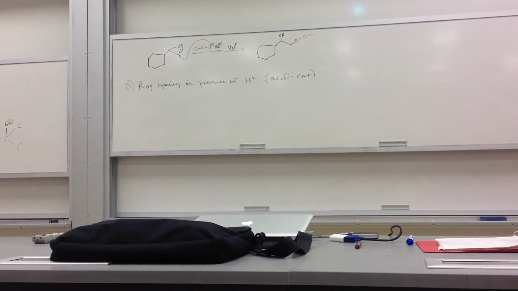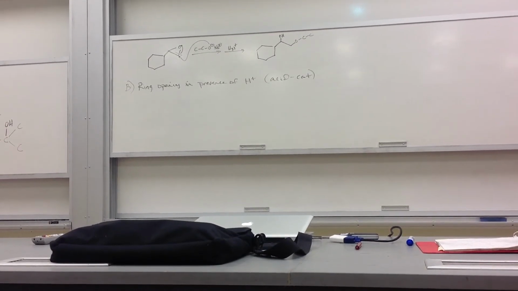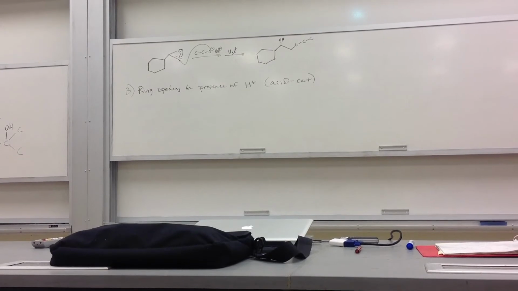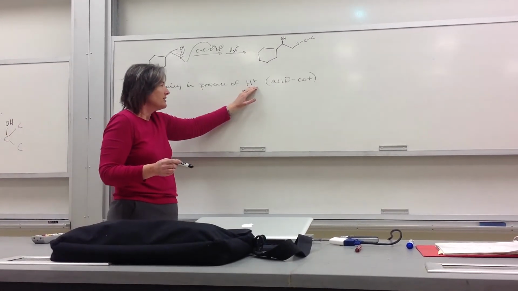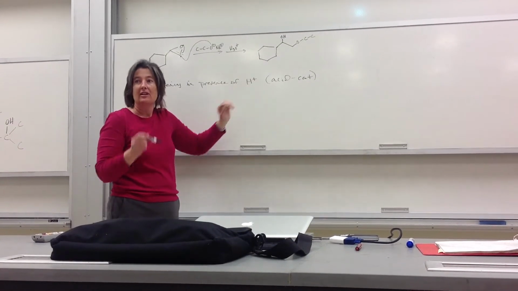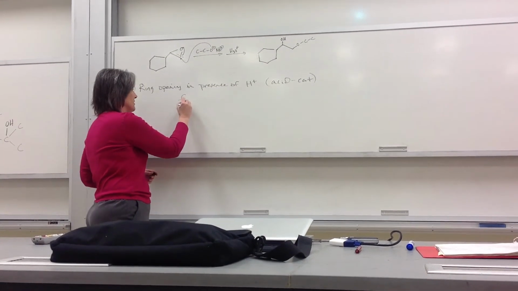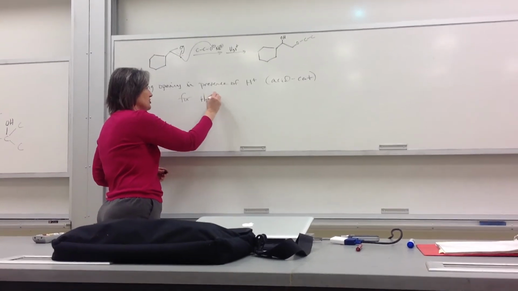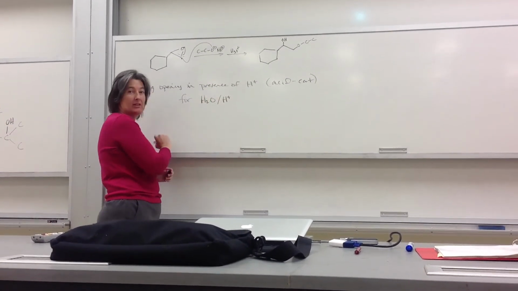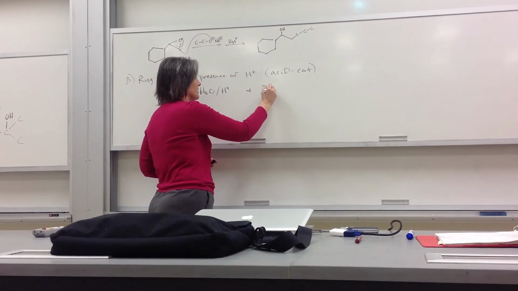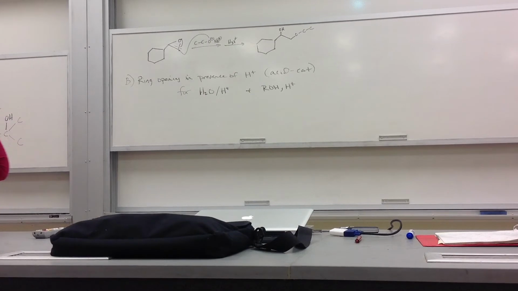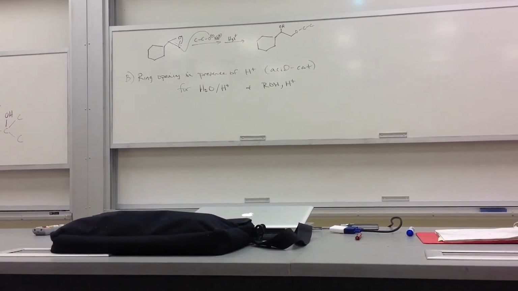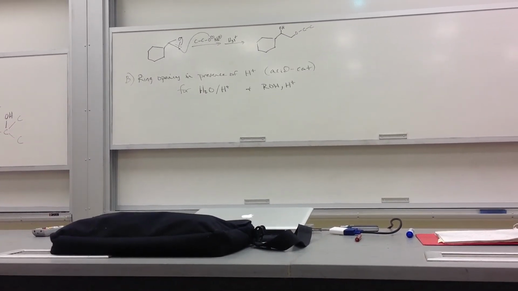There's a fundamental problem with that, and that's the minute I put the Grignard in with the acid, they're going to react, right? So this is not even applicable for Grignards, alkyllithiums, anything like that. Where you're going to see this is with H2O, H plus, and alcohols, H plus. Something that in the presence of acid is going to be immediately destroyed. We won't see alkyllithiums doing this or Grignards.